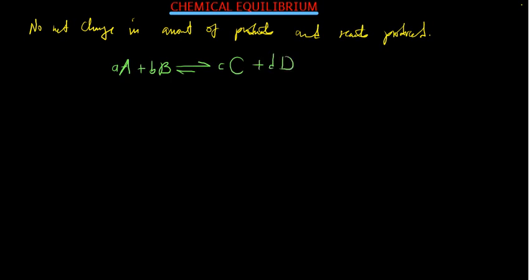Well, the small letters are just representing the number of moles when you balance the chemical reaction. For example, when hydrogen reacts with oxygen to produce water, to balance this chemical reaction, we put a 2 there, and we're going to put a 2 here. So this is what we are representing by this.